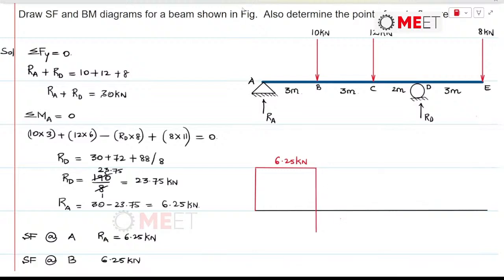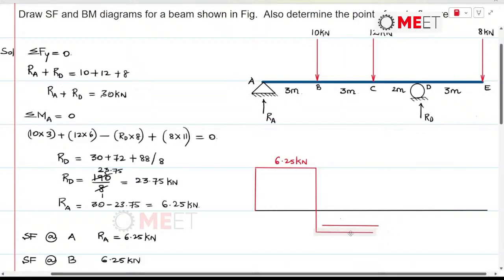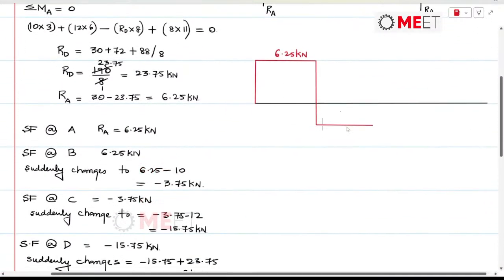And this 3.75 kilonewtons will be continued up till point C, and from point C onwards again it is going to have a sudden drop, by 15 units extra.